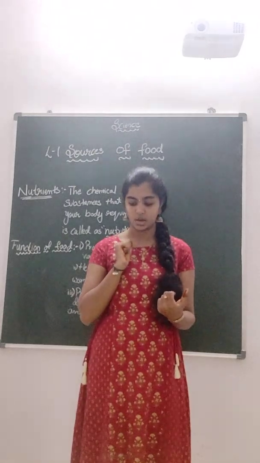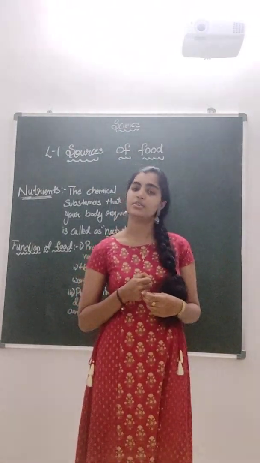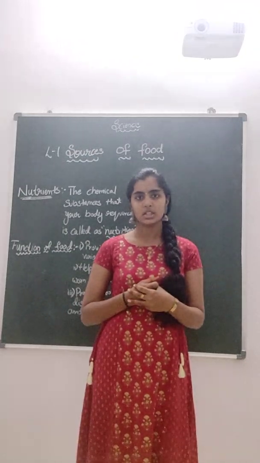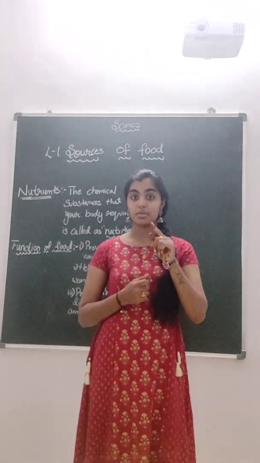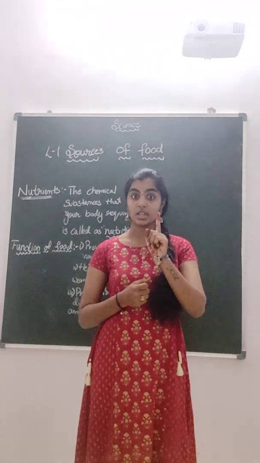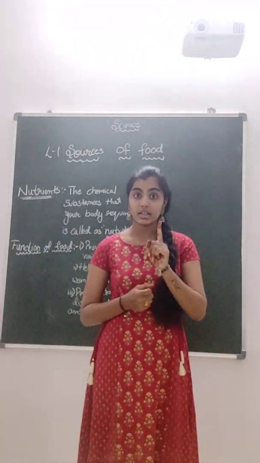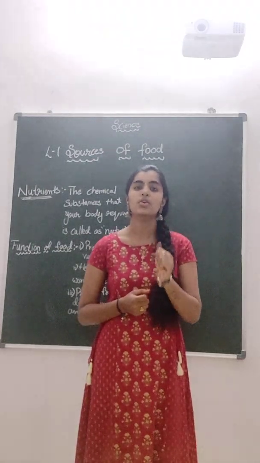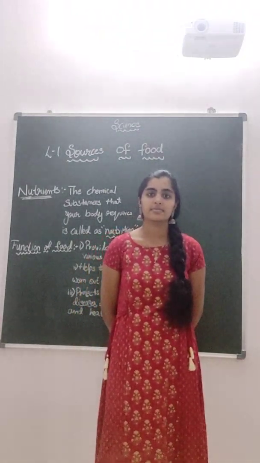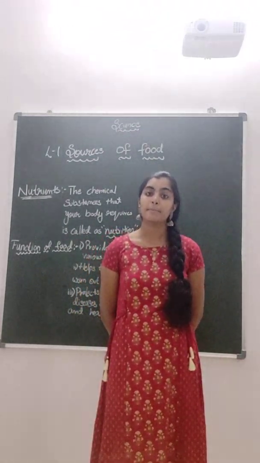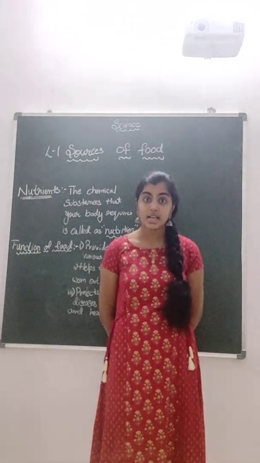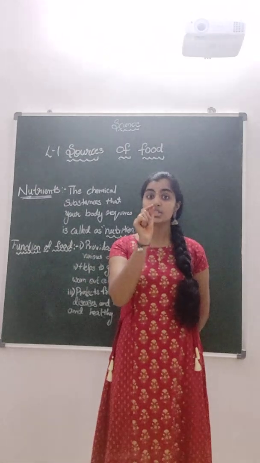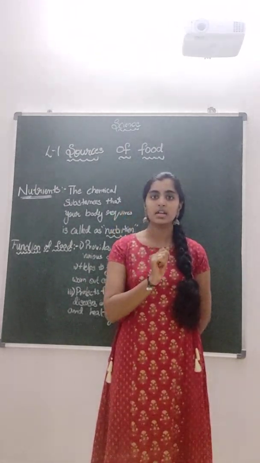Understood? Now, sources of food. Where do we get food from? Do you remember? There is only one thing which can produce food on its own. What are they? Plants are the living things which produce food on their own.